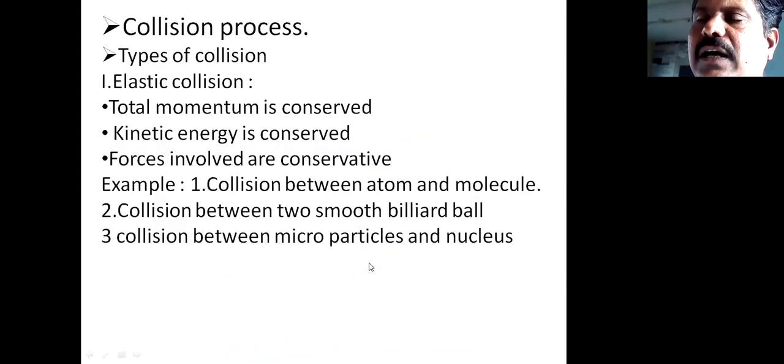Next, another concept in this chapter is collision processes.